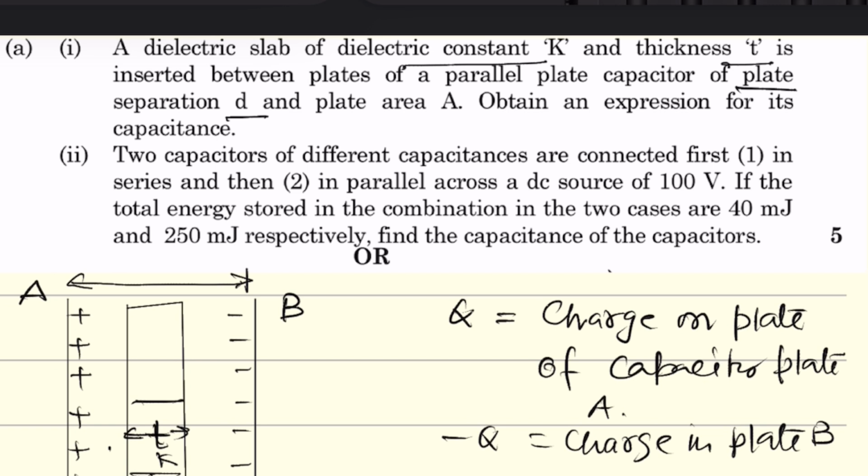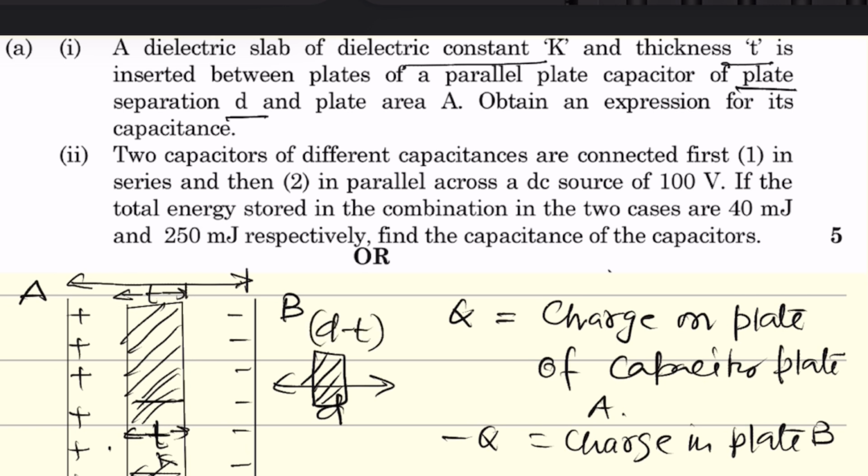So this is the dielectric slab having thickness t. So when the dielectric slab is introduced, the air thickness reduces. Earlier the air thickness was d, but because of the t thickness dielectric, the air thickness is d minus t.